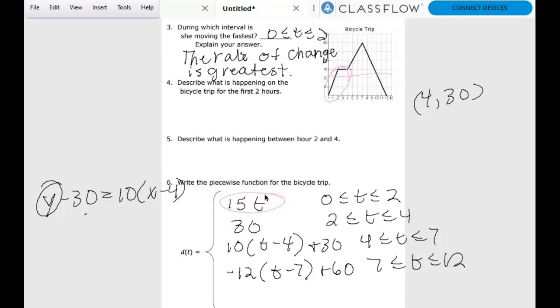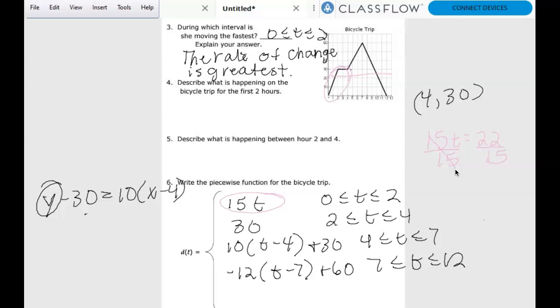So if I take 15t equal to 22 and divide by 15, that gives me the first time, 22 over 15. Does that make much sense when we're talking about time?